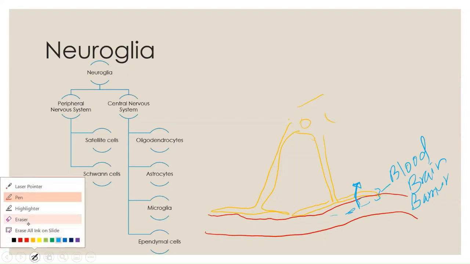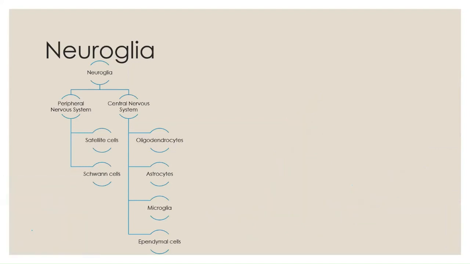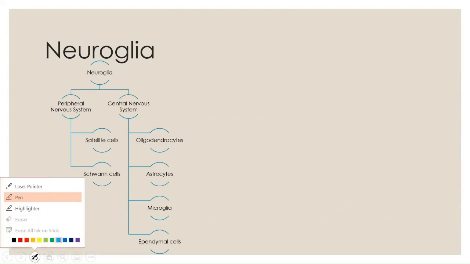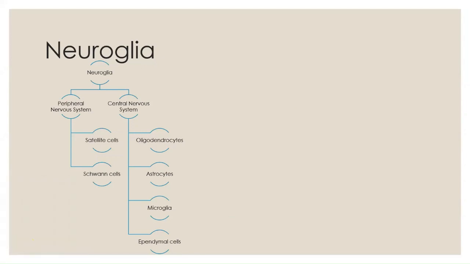Then we have the microglia. Microglia are modified macrophages. So macrophages are a type of white blood cells. What is the main function of the white blood cells? Defense. Defense, yes, defense against microorganisms and foreign bodies.